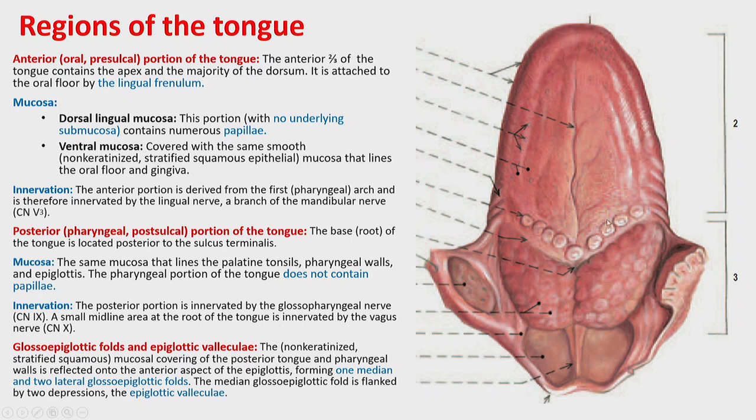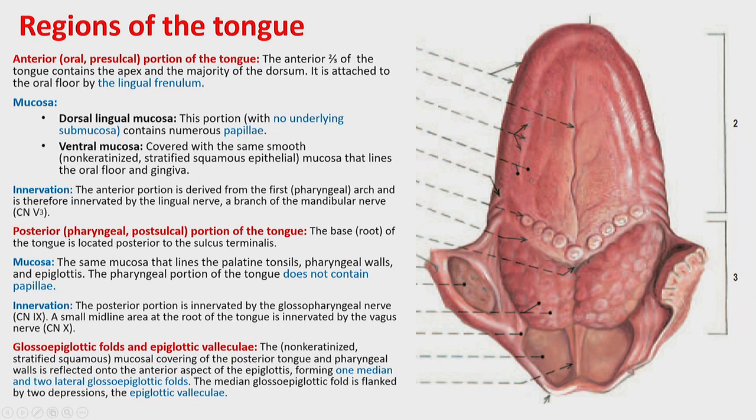Regarding the innervation, we are going to discuss it, because it arises from the first pharyngeal arch. The sensitive innervation of the anterior two-thirds of the tongue is by a branch of the mandibular nerve, which is the lingual nerve, very important for the sensitive innervation of the anterior two-thirds.